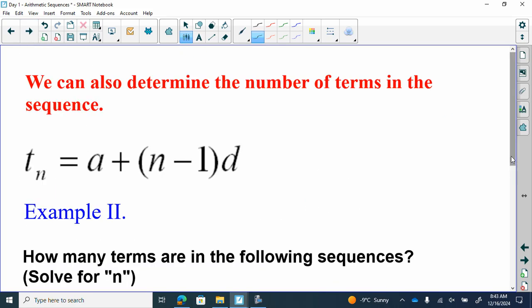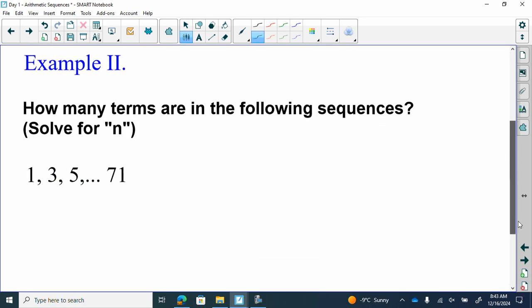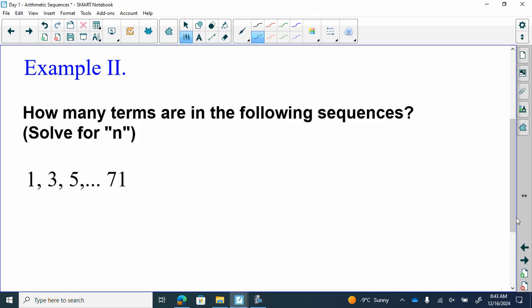You don't have this one. Okay? Example 2. Could you copy it down? It says how many terms are in the following sequences? We want to solve for n. So they're telling us what to do.